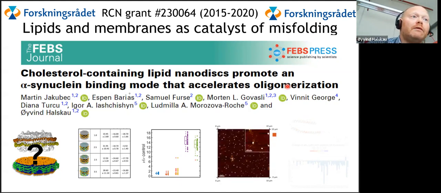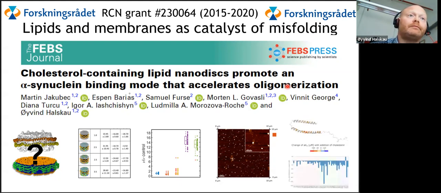I will also show some AFM slides where we can see the nanodiscs and maybe also some aggregation events taking place near them. Finally, and this was a pet peeve for me when doing this work, I wanted to link aggregation and misfolding events to changes taking place in the protein.